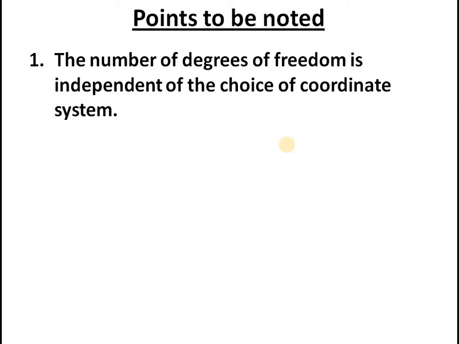And the minimum number of degrees of freedom is independent of the coordinate system. Even in x, y, z you can fix one of them, and that way you can reduce one of the variables. So that is also possible. For example, x square plus y square plus z square is equal to a constant.